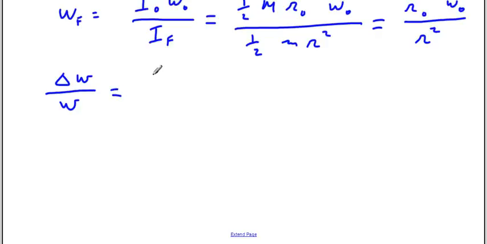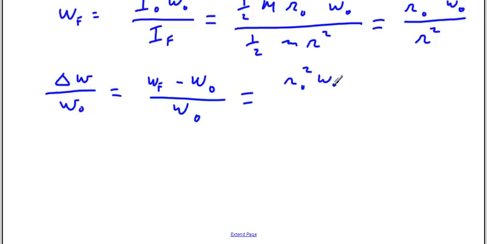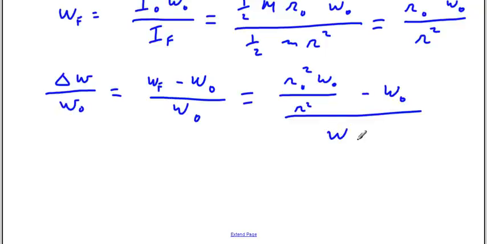Okay, we're going to say that that's omega final minus omega naught divided by omega naught. And we already found out the omega final, so we'll put that in. R naught squared omega naught divided by R squared minus omega naught, divided by omega naught.